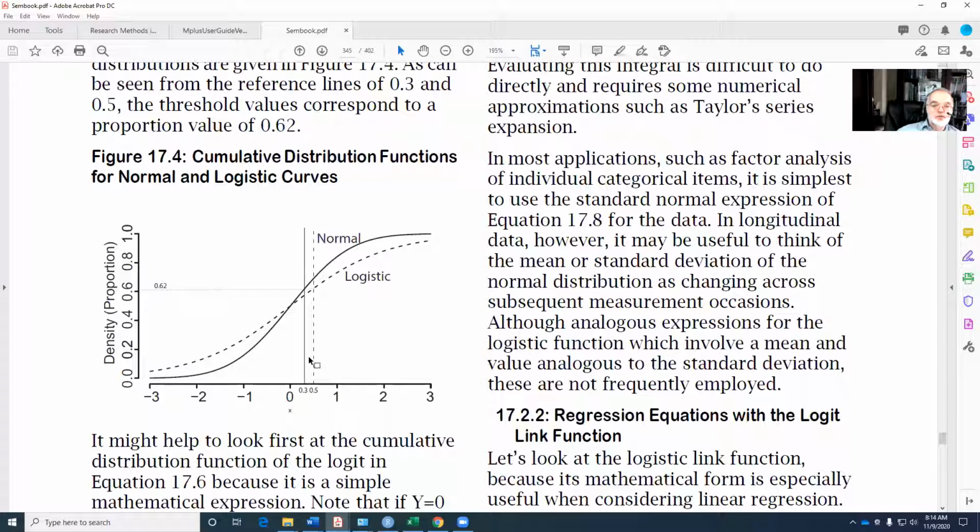So this will answer the question, what proportion of people scored at or below this particular value? And the reason that we're looking at that is the value here of 0.62 corresponds to a value of 0.3 for the normal and 0.5 for the logistic.